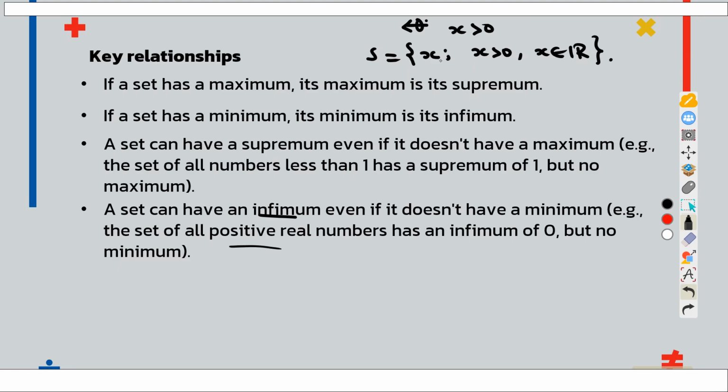So with such numbers, you realize that 0 will become the smallest value. All other numbers will be greater than 0. But 0 is not part of this set. We are considering numbers starting from numbers that are above 0. So 0 cannot be an element of this set, so 0 cannot be a minimum.